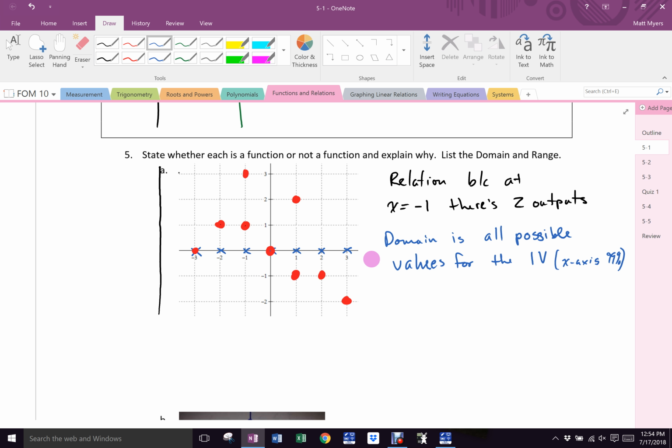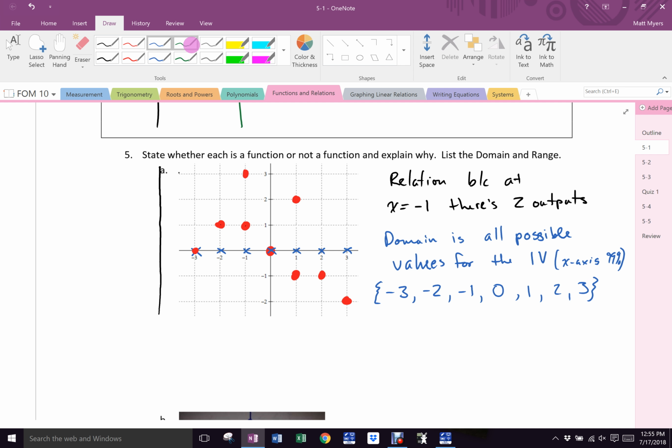What are the possible values for x? -3, -2, -1, 0, 1, 2, 3. That is my domain. To write it properly, we would put squiggly brackets around it. The bracket that looks like this on your phone, that used to make the devil horns in the old emojis days, before phones made emojis for you.